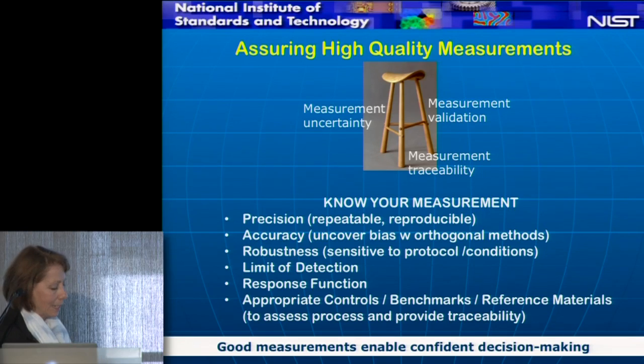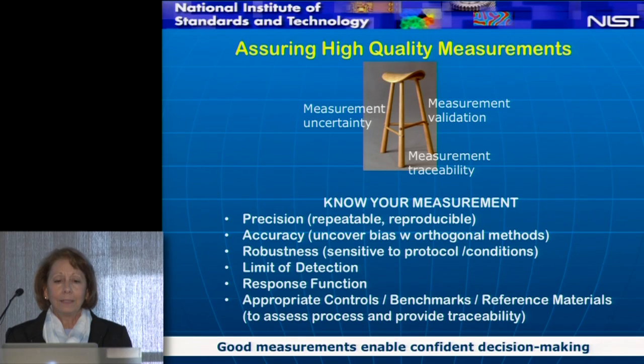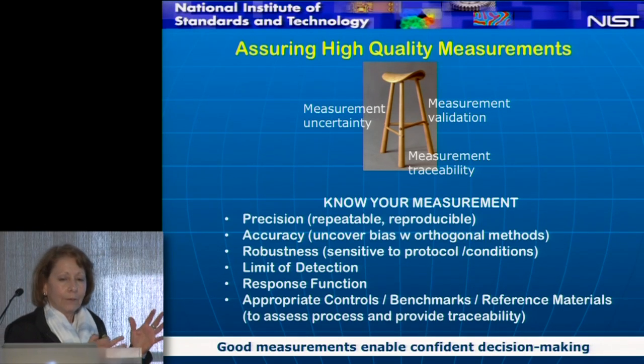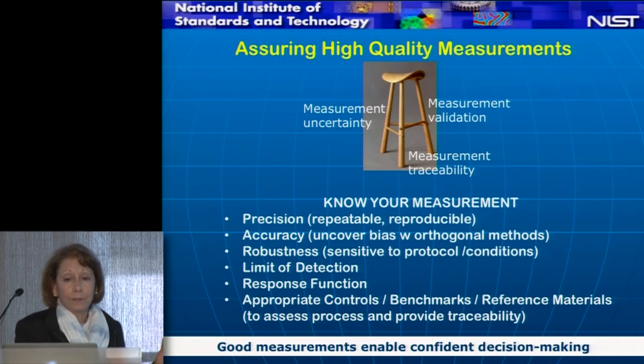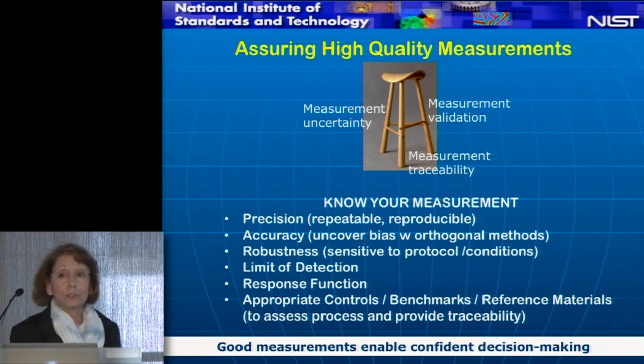But my colleague Mark Salet, who's out here at Stanford, likes this three-legged stool idea: that every measurement should be characterized by its uncertainty, like standard deviations, for example. That every measurement should have some element of traceability, this idea of comparability.